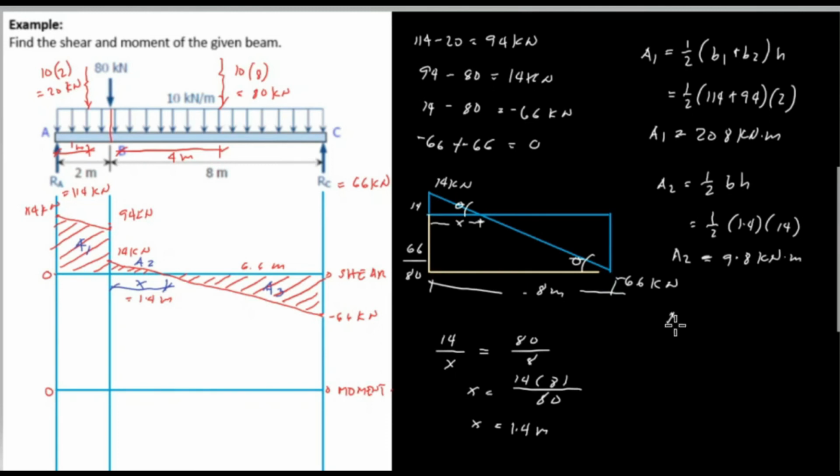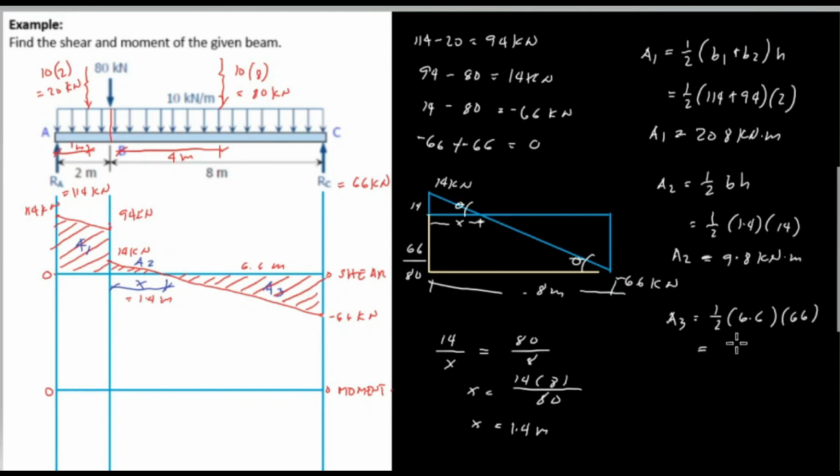Next, area 3. Area 3 is the big triangle below. We have the same formula, 1/2 of base times height, or 1/2 of the base, which is the distance 6.6, multiplied by the height of the shear of the triangle, which is 66.